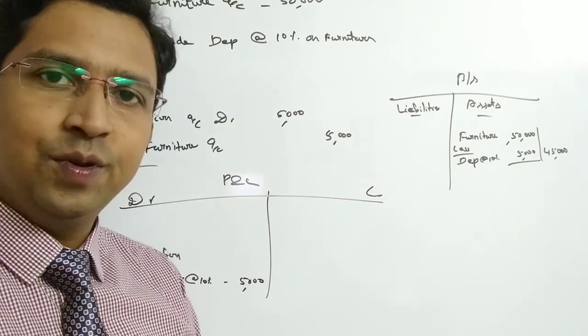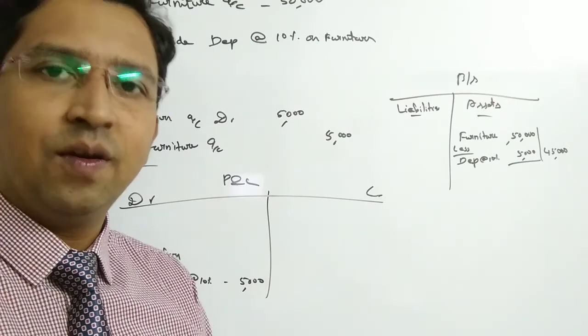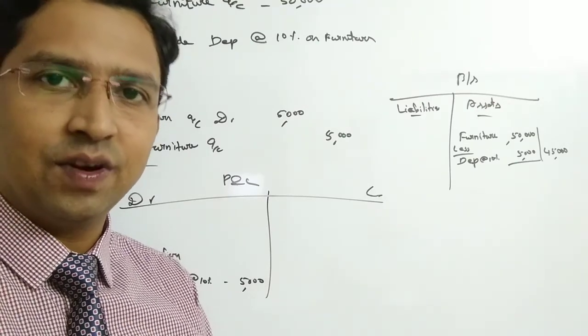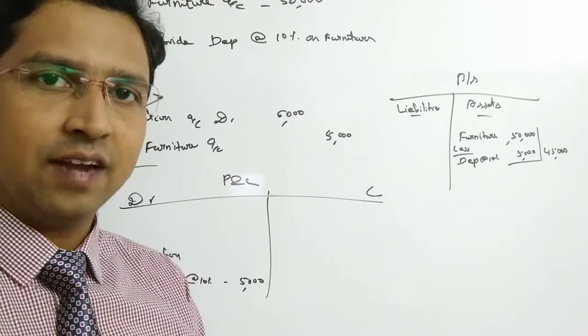I hope you got a basic idea on this. Remember, there will definitely be at least one or two depreciation adjustments in your examination. So be clear with the calculation.